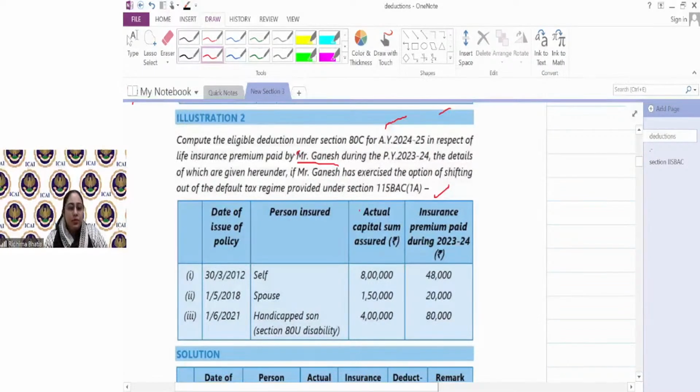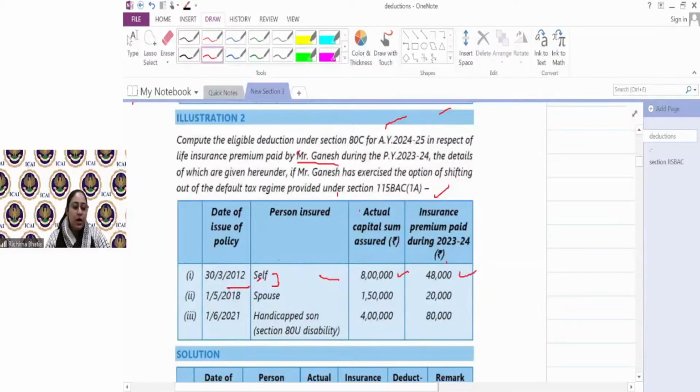Okay, now coming to this particular question. He took a life insurance policy for self, whose capital sum assured is 8 lakhs. The insurance premium is 48,000. The first thing I have to check is when this policy was issued. The policy was issued before 1st April 2012. So the premium which is allowed is 20%.